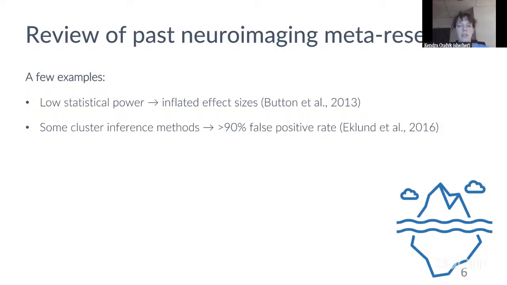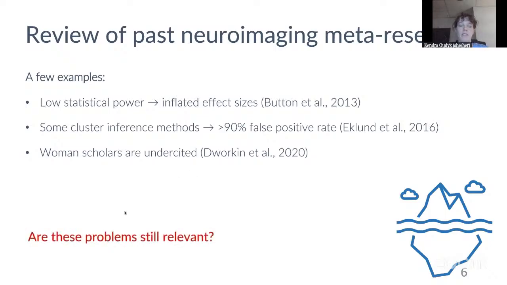In 2016, Eklund and colleagues showed that some cluster inference methods, which are methods of thresholding brain images, can lead to more than 90% false positive rates, which is quite scary to me. And then in 2020, along a different line, Dworkin and colleagues showed that women scholars are systematically undercited in neuroscience. So these are all examples of meta-research in neuroscience or neuroimaging.